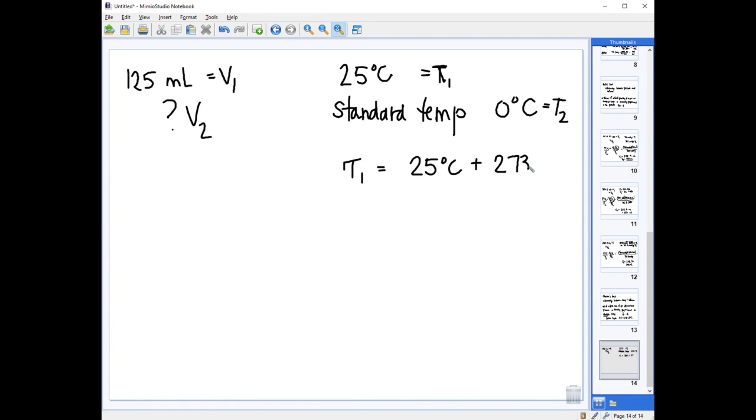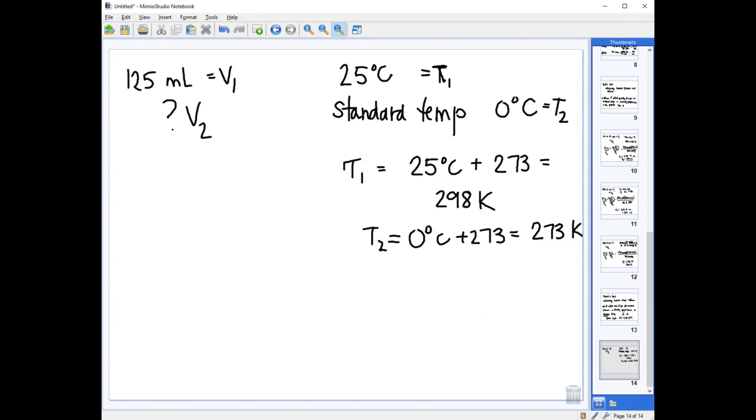I'm going to add 273, and that's going to give me 298 K. And for T2, I've got 0 degrees Celsius, and I'm going to add 273, which gives me 273 K.